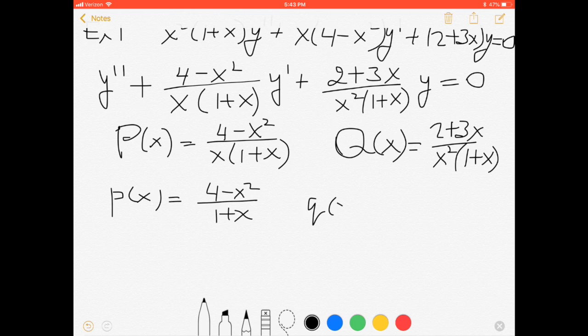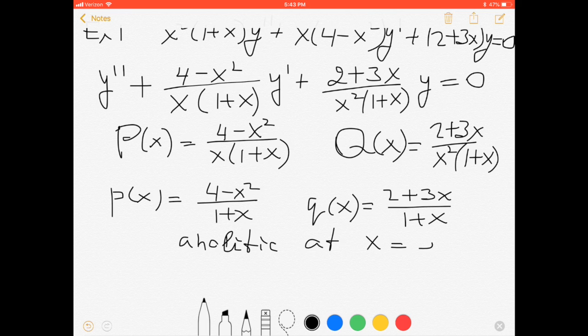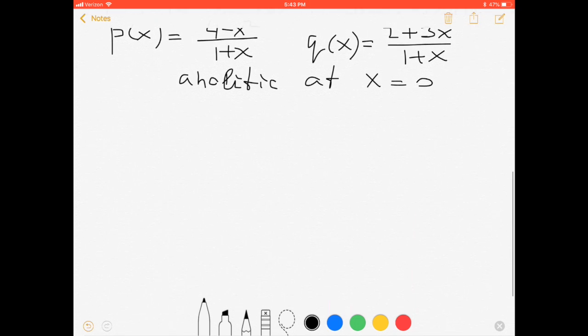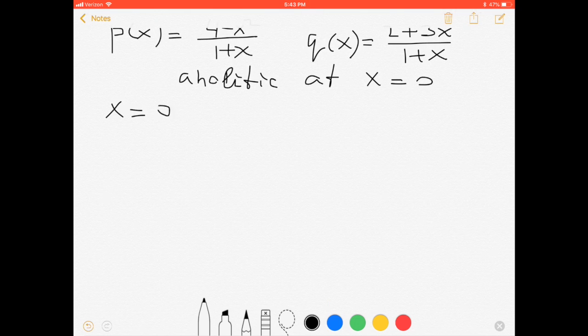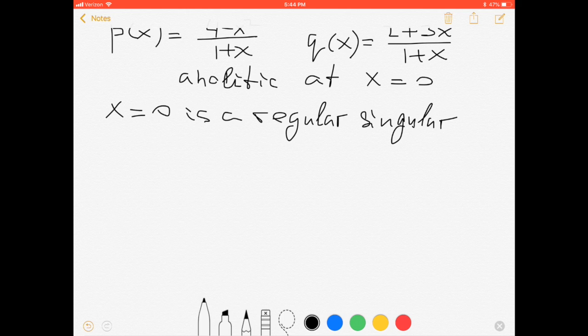And small q(x) is (2 plus 3x) over (1 plus x). Both of these functions are analytic at x equals 0, and this means x equals 0 is a regular singular point.